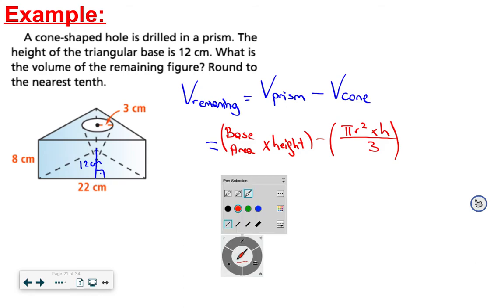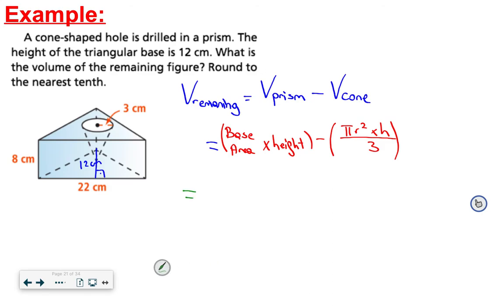Let's substitute everything into the formula. The base area of the prism, the base is a triangle. So how can you find the area of the triangle? Height times base over 2, times, what is the height, ladies and gentlemen?